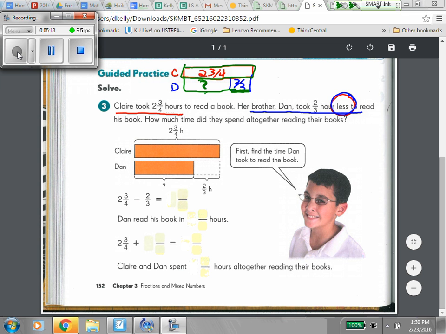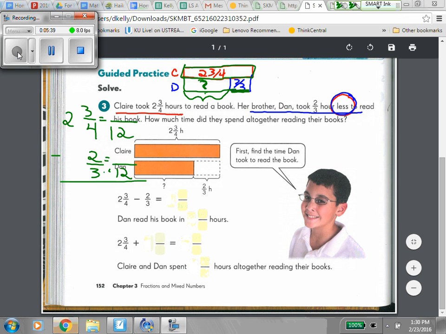So I have 2 3/4 hours, and that was Claire's. If I subtract the 2/3 of an hour, that's going to tell me how much time Dan spent reading. So let's do this. I'm sorry, I'm really out of space here. So the least common denominator is 12.